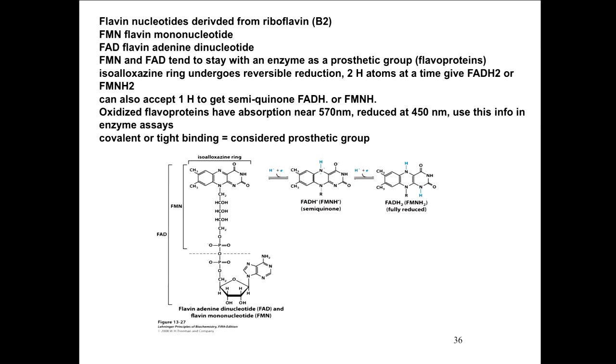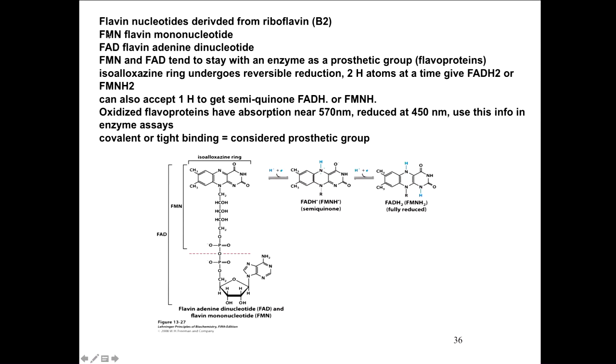Okay. Now, another type of coenzyme, not as common in the enzymes that we're going to be discussing, but we will see it in some of the pathways, are the flavonucleotides. And these come from another nutrient. Again, if you read your package of bread and it's been supplemented, or flour or something like that, you might see riboflavin or vitamin B2.